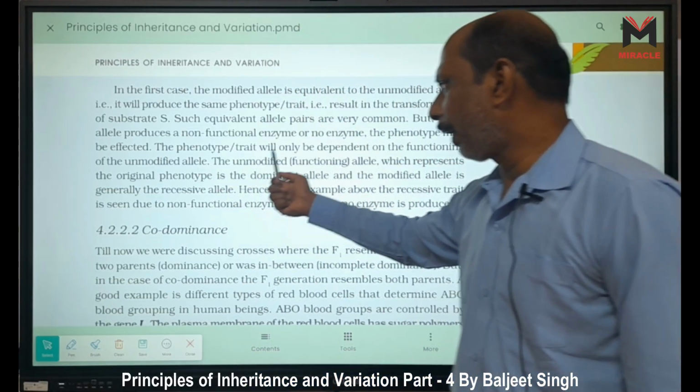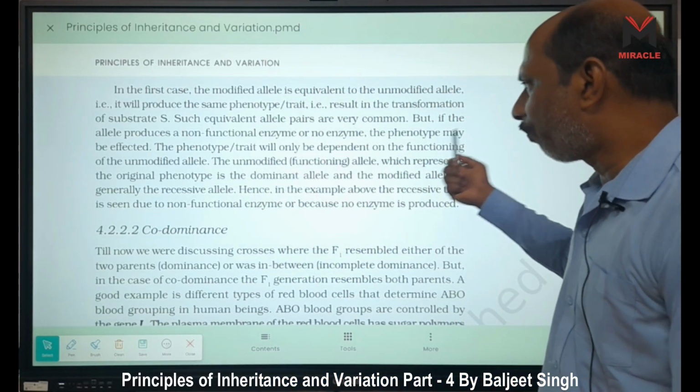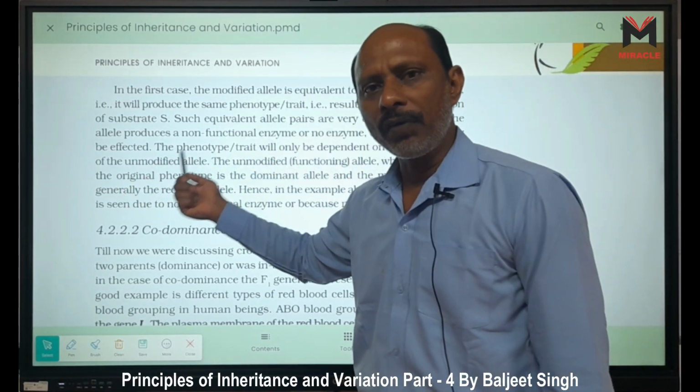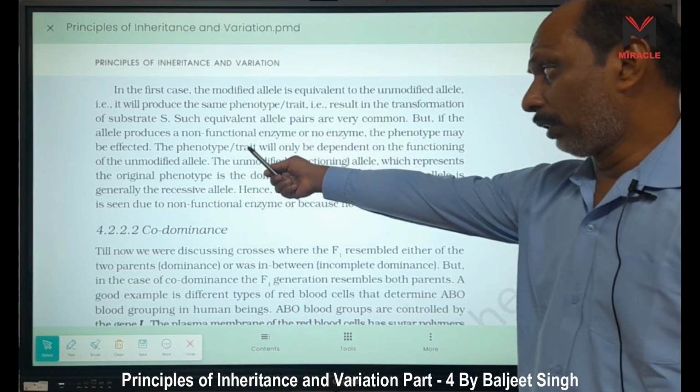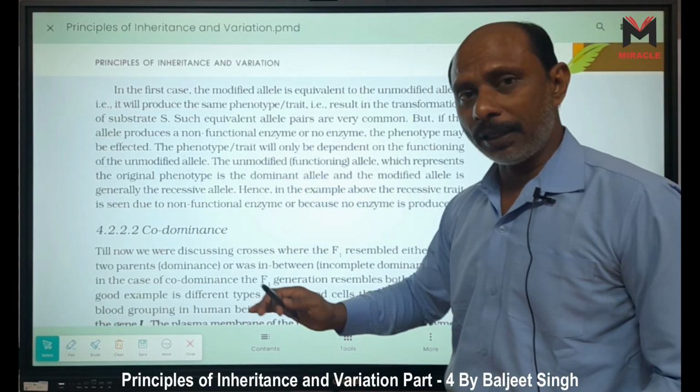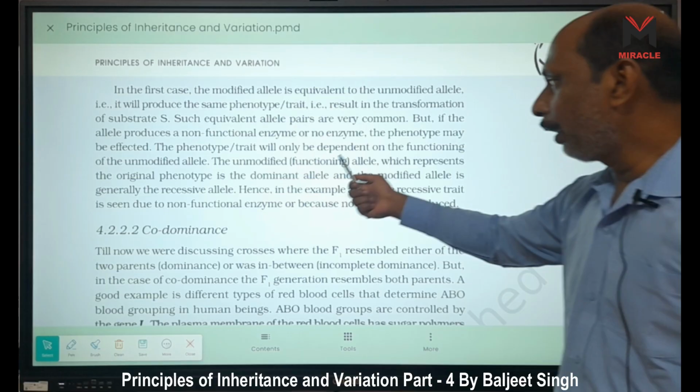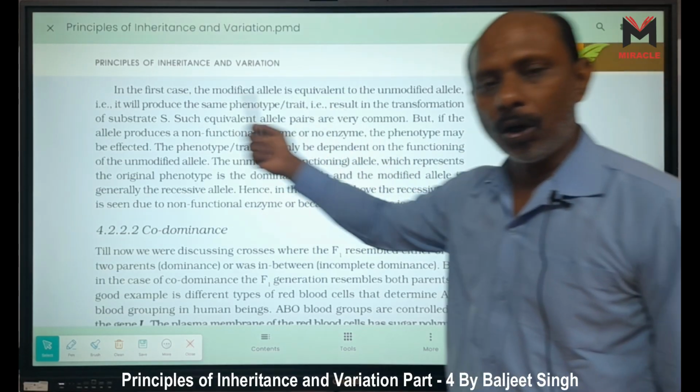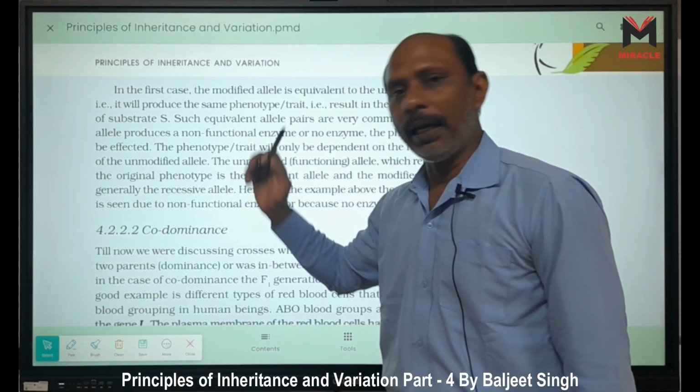The phenotype trait will only be dependent on the functioning of the unmodified allele. Look, the phenotype trait, we can say it is a phenotype or a characteristic or property, will only be dependent on the functioning of the unmodified allele.